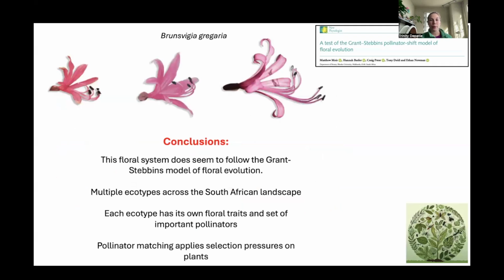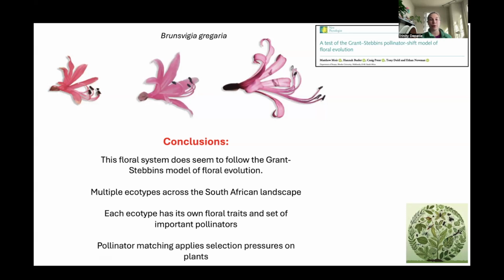In conclusion, within this really cool system, Brunsvigia gregaria, these researchers from South Africa found that the floral system does seem to follow the Grant-Stebbins pollinator-shift model. There are indeed multiple ecotypes across the South African landscape of this plant: the short, the intermediate, and the long styled ecotype.